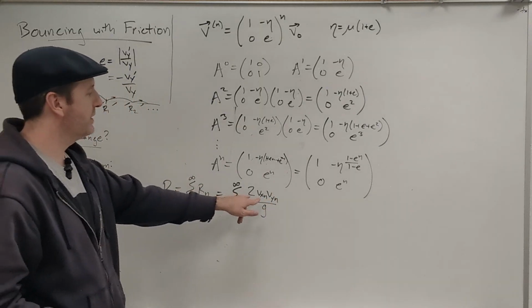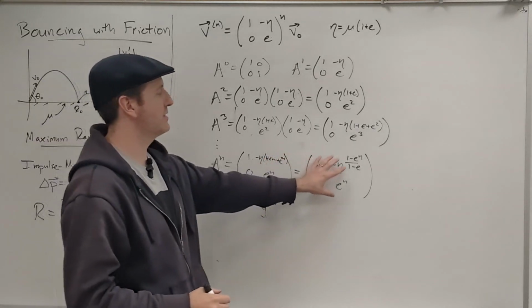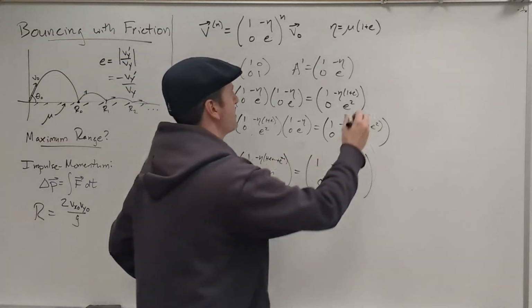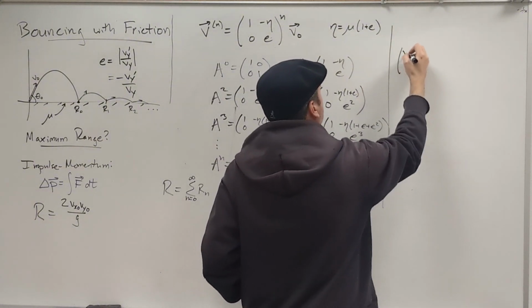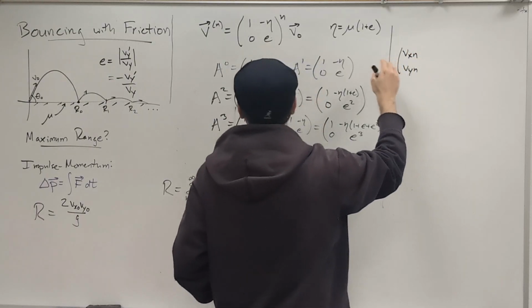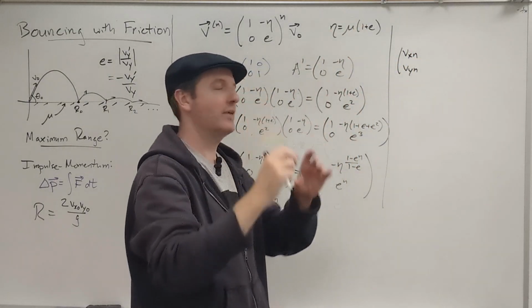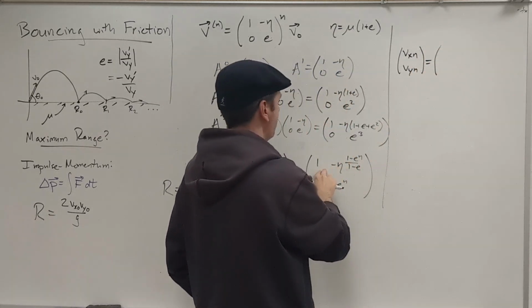And now I have formulas for Vxn and Vyn separately based on this matrix. Just in case you're wondering, that tells me that Vxn and Vyn, I guess I'm dropping the little parenthetical superscripts here, are going to be this.